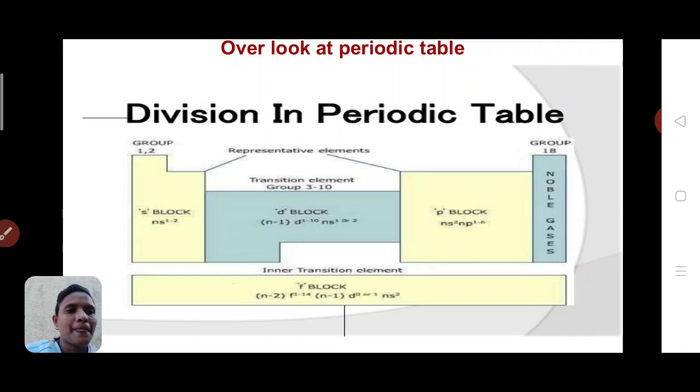Now this is the distribution of elements according to the various blocks in the periodic table. So there are a total of 5 blocks: S block, D block, P block, F block, and the last one is noble gases.